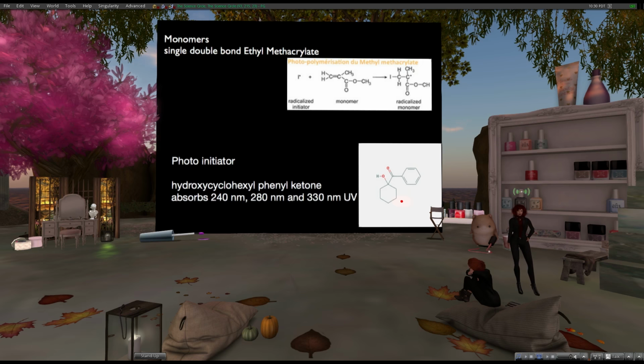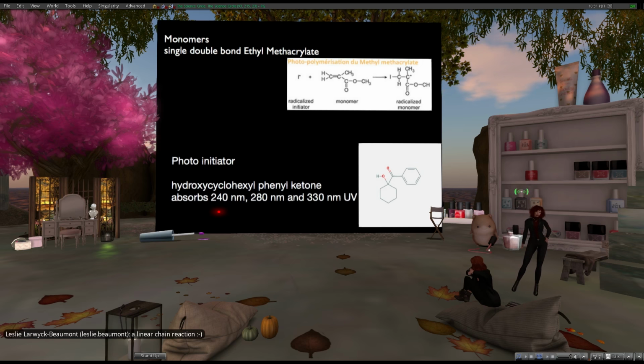This molecule absorbs, as you see here, 240, 280, and 330 nanometer ultraviolet. So they design different photoinitiators for different wavelengths, and different companies require a slightly different wavelength range to actually cure their nails. Right, a linear chain reaction.